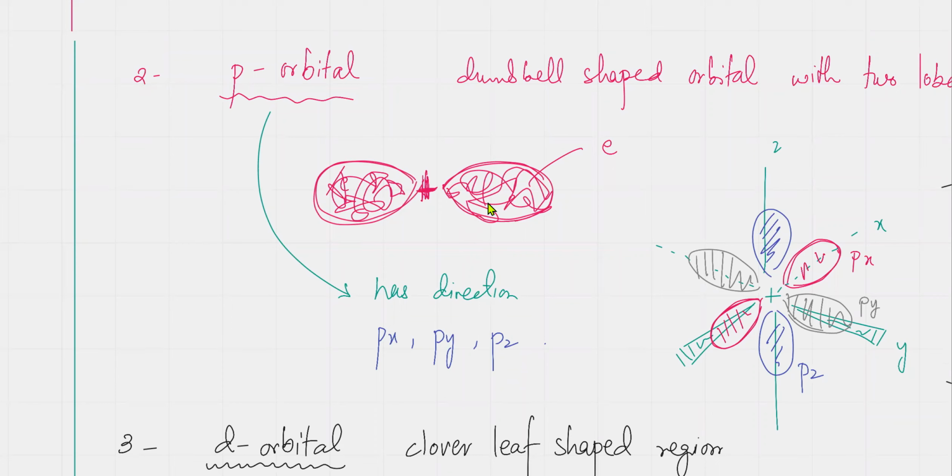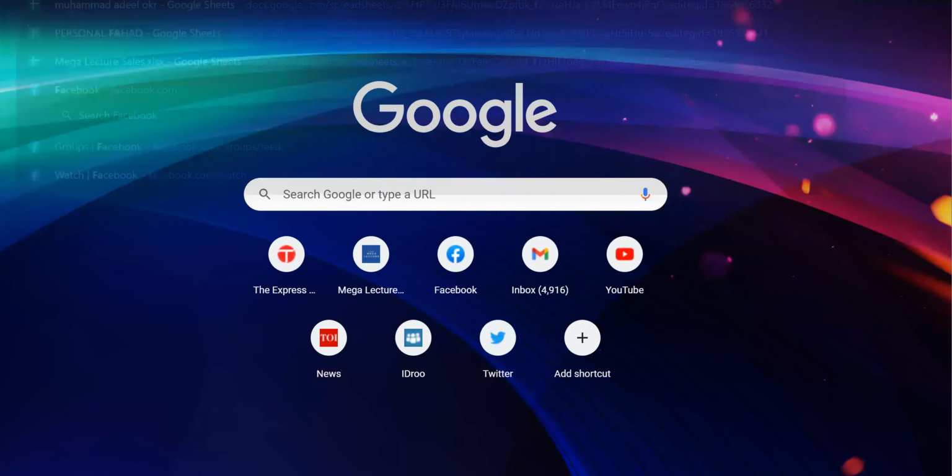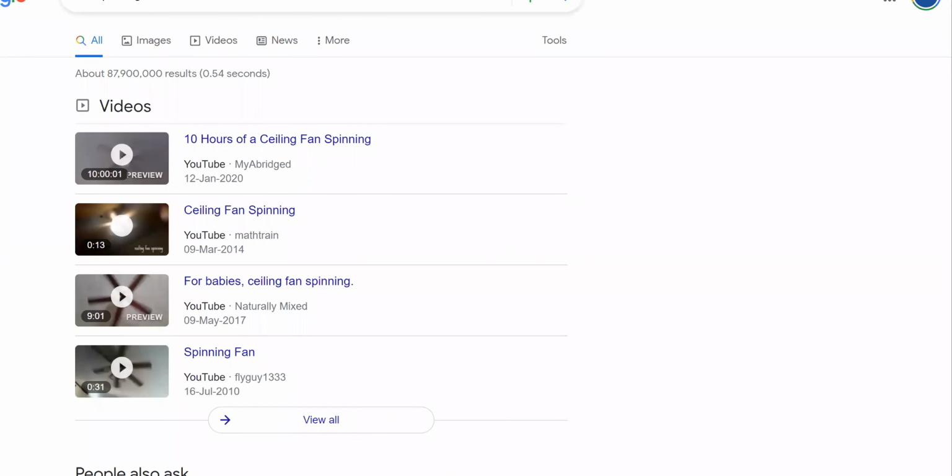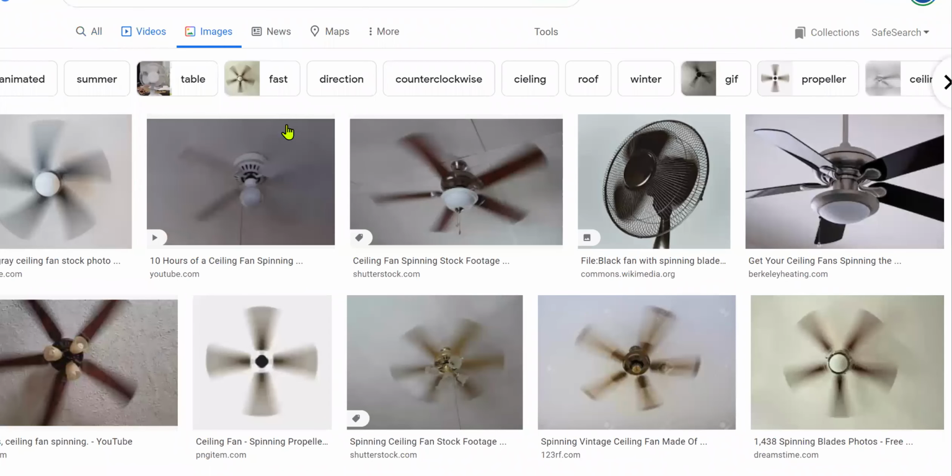If something moves really fast, like a fan that's spinning, you can't really predict where the blades of the fan are. There's a spherical region, and you can be sure that the blades exist in that space, but you're not sure of their exact position.